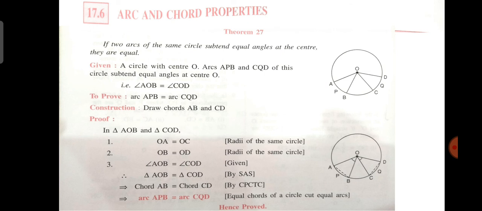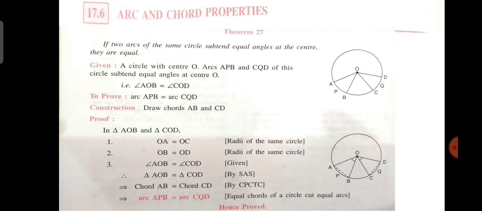AB is joined and CD is joined. Angle AOB and angle COD are equal. Taking triangles AOB and COD, OA is equal to OC since they are radii, OB is equal to OD, again radii, and the given angles AOB and COD are equal.